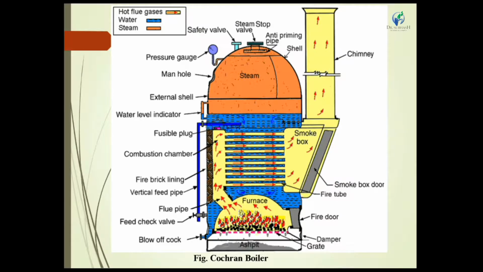Second, we have to study the water side. The blue portion is water and the orange portion is steam. First we add water through the feed check valve. Through the feed check valve we add water inside the boiler, and the water is directly in contact with the fire tube.